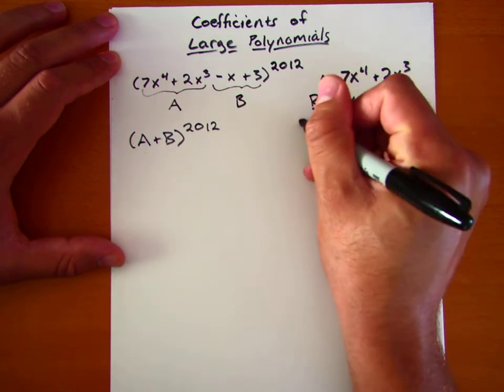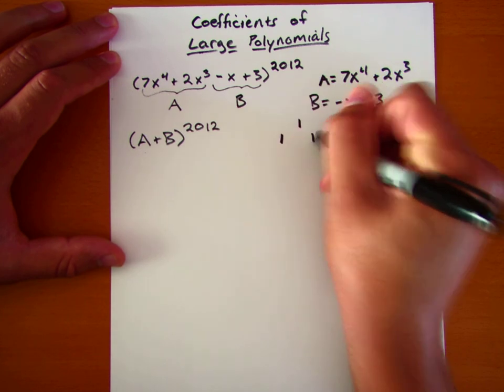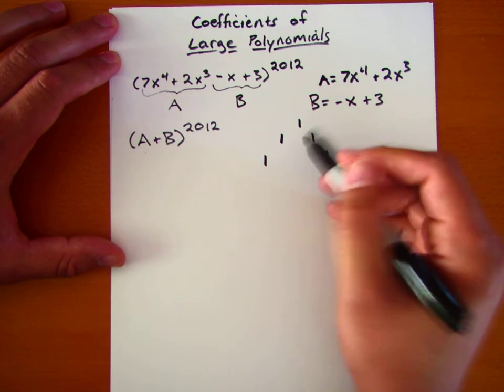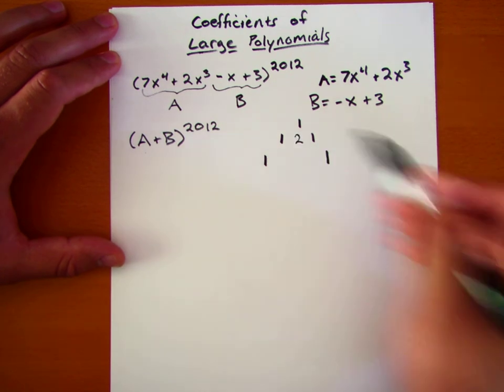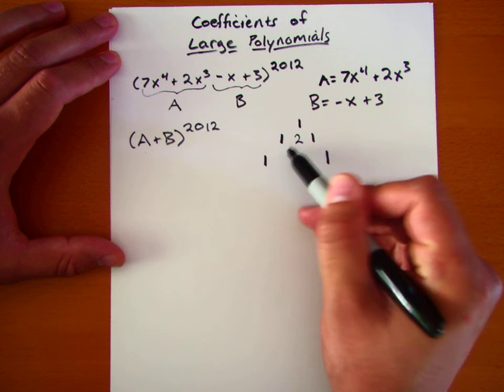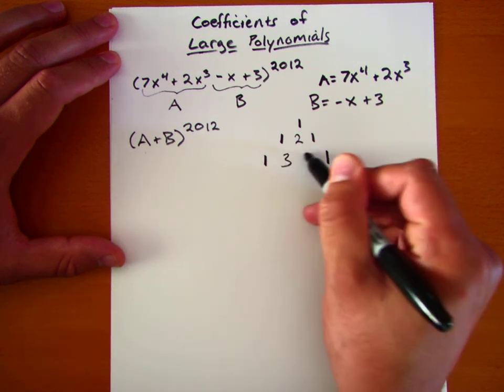And if you recall Pascal's triangle, it looks a little something like this. It's a triangle with ones going down the side here, and there's a 2 right here, and each term in the middle is going to be the sum of the two terms right above it. So 1 plus 2 is 3, 2 plus 1 is 3.